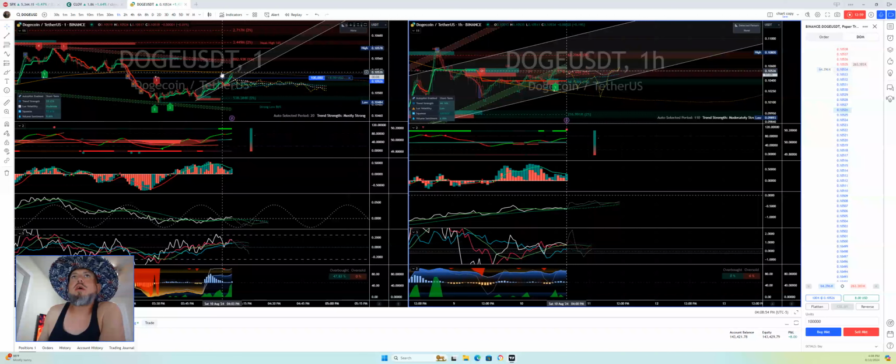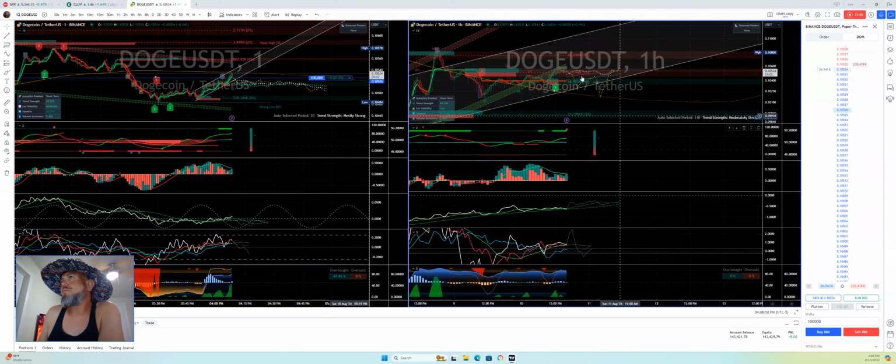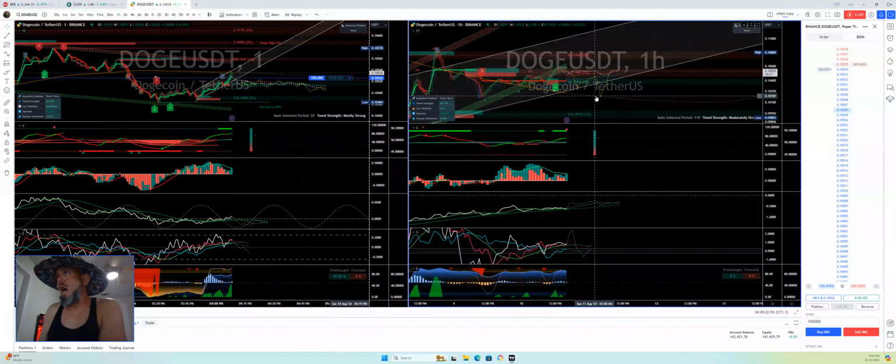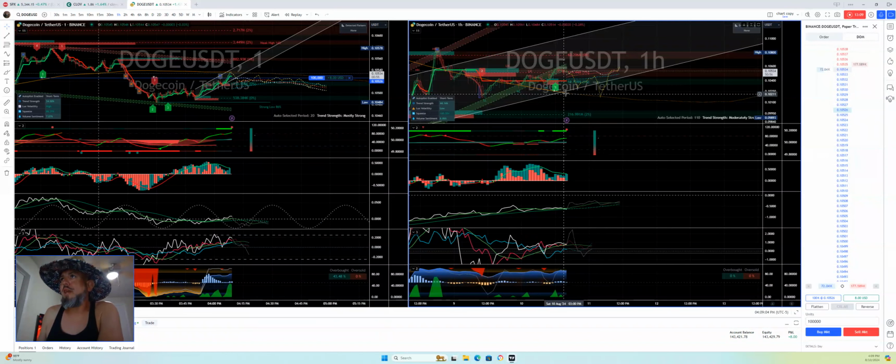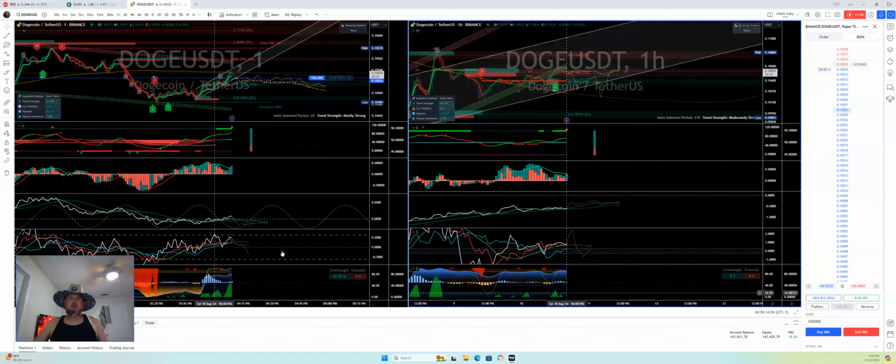There's a 200-day on the minute chart, right? 200-day minute average. So right here, this is the 200-day on the hourly, the 200 hourly moving average. So the algos are now pointing down.